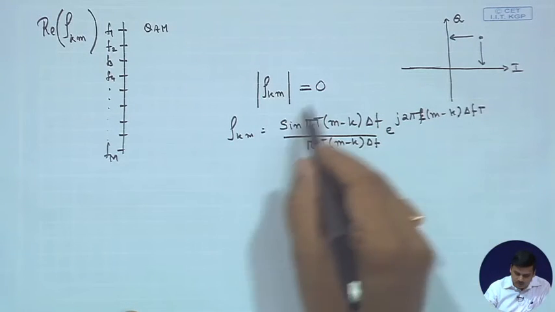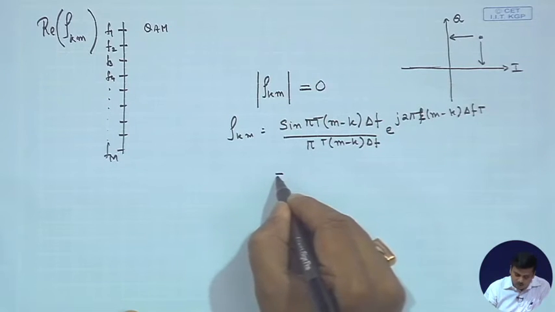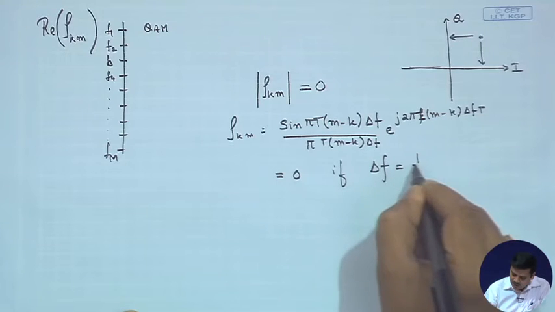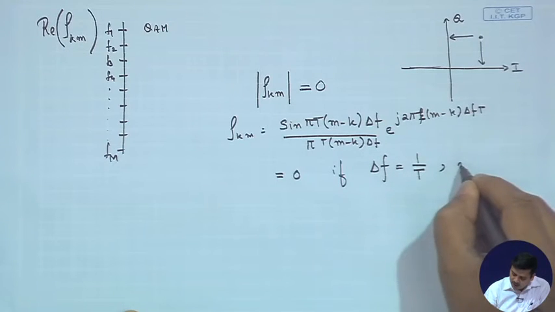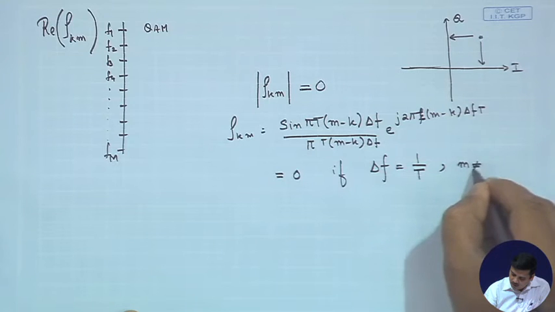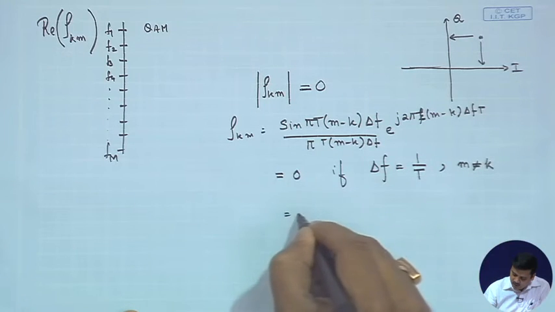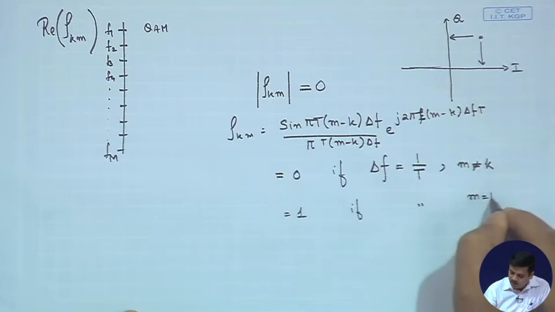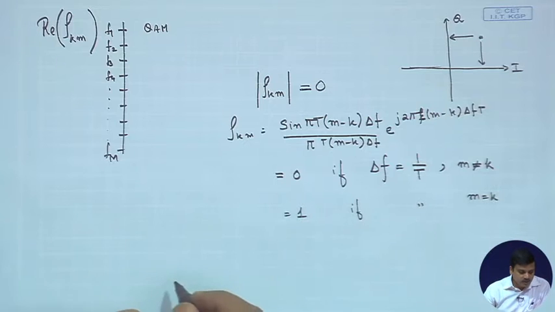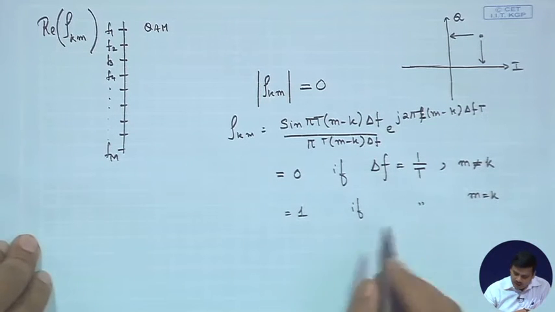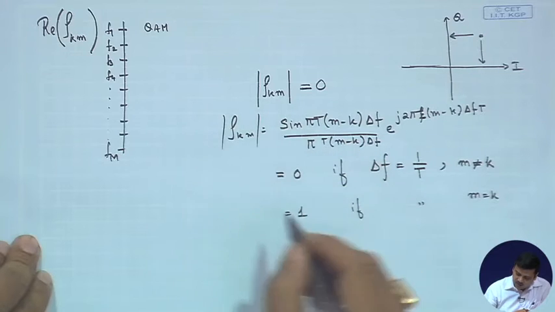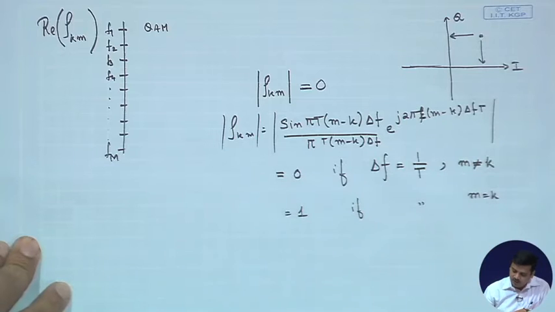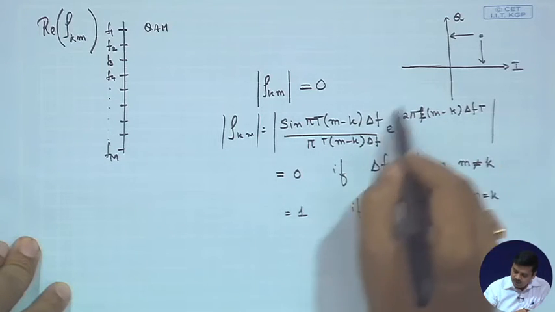Now, this particular signal would go to 0 if delta f is equal to 1 upon t and m not equal to k, and this would be equal to 1 if delta f is 1 by t and m is equal to k. So, our condition would change at this point, and what we have is that the modulus of this would go to 0. When you are taking the absolute value, the exponential has absolute value of 1.